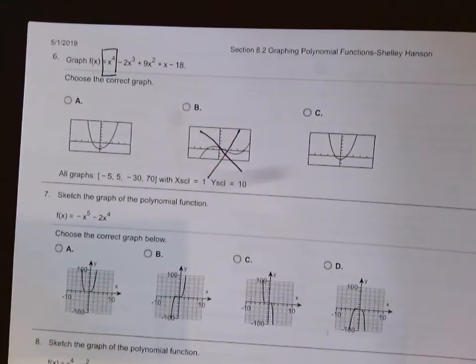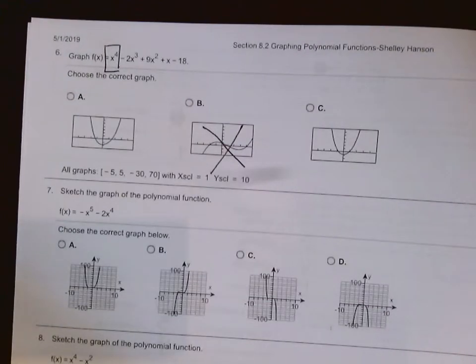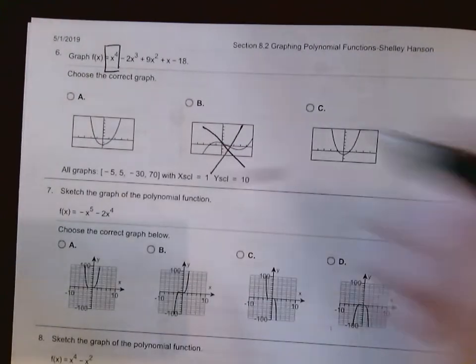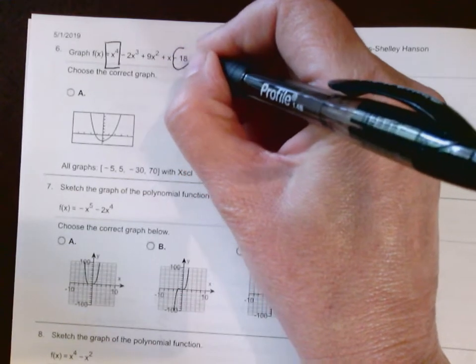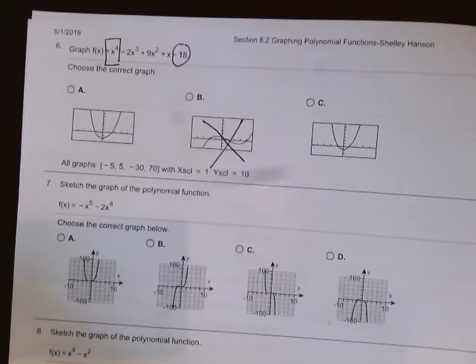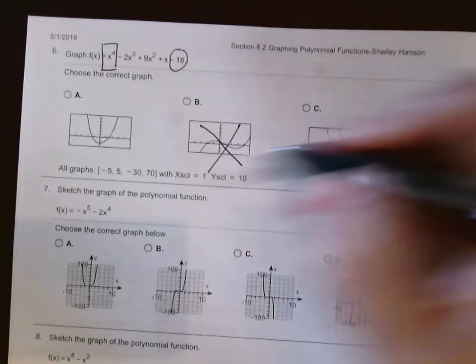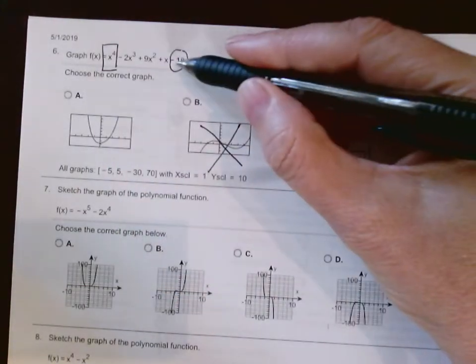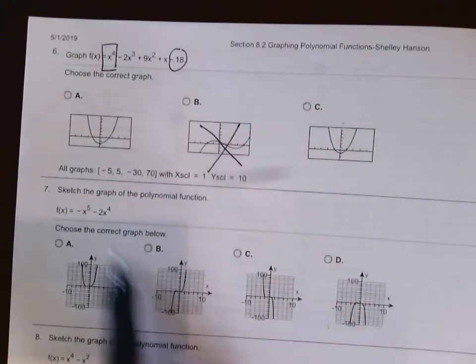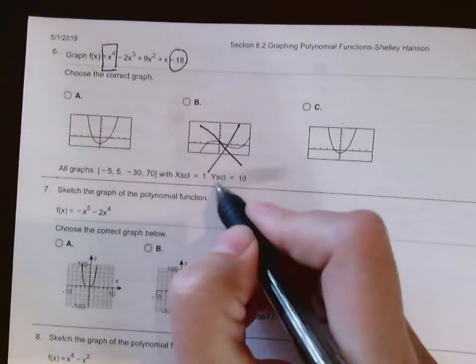So now I am going to have to test my knowledge of the y-intercept, which is this number right here that doesn't have an x with it. It is telling me that this graph needs to cross through the y-axis, which is this one, at negative 18. So look at this right here. Look at what this tells you.